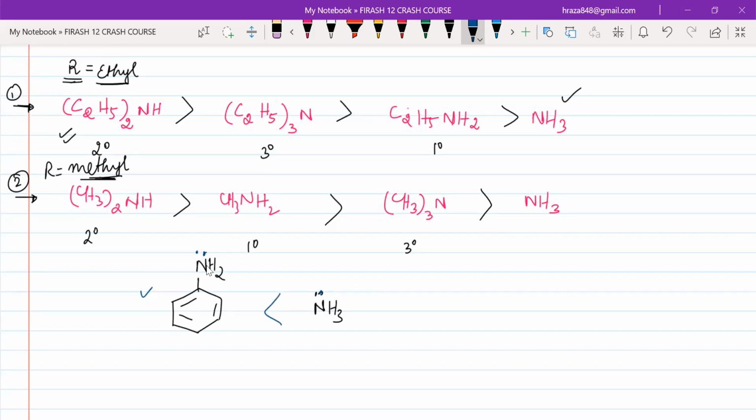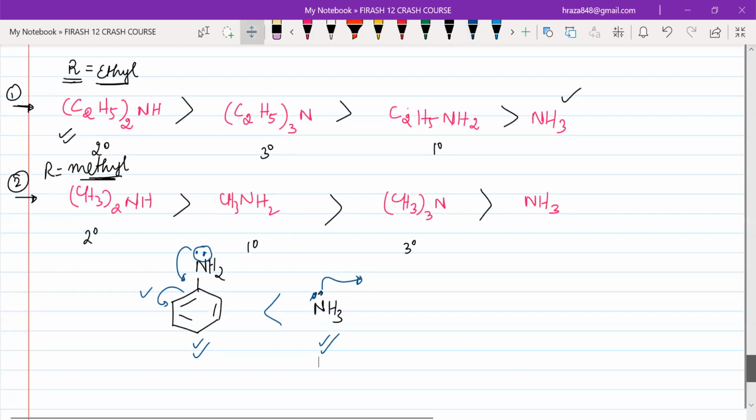In aniline, the lone pair is busy in resonance, and ammonia can donate easily as compared to this. That's why ammonia is more basic. Can I change the slide? Yes. Very good.